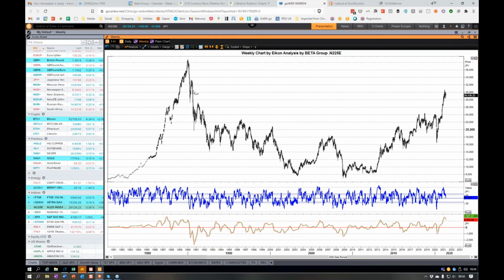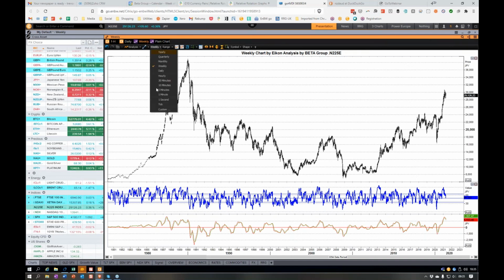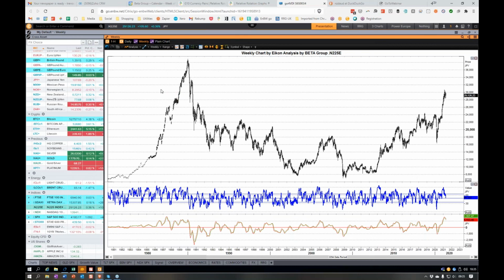There is resistance at 32 ahead of us, and there is now support at 27,000 if it becomes necessary for it. But I think this is a strong bull market. I don't know if I said strong enough times there, but it's a strong bull market. Many of you weren't born when this happened here. I remember it happening here.